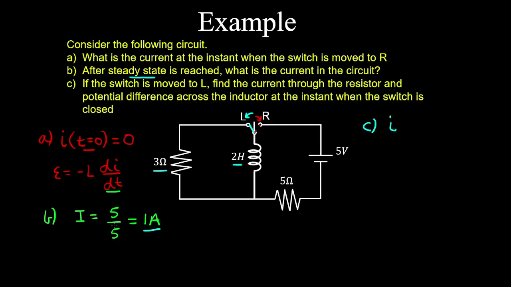So this becomes an initial condition at t equals 0, at the instant when the inductor is discharging, and is equal to 1 amp. And the potential difference across the inductor at this instant is the same as the potential difference across the resistor by Kirchhoff's voltage law. So we have the EMF is the current by the resistance, which is 1 amp by 3 ohms, or 3 volts.